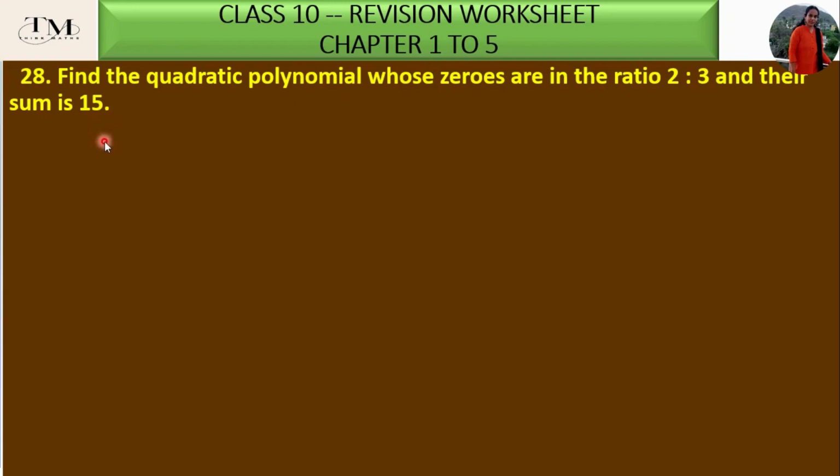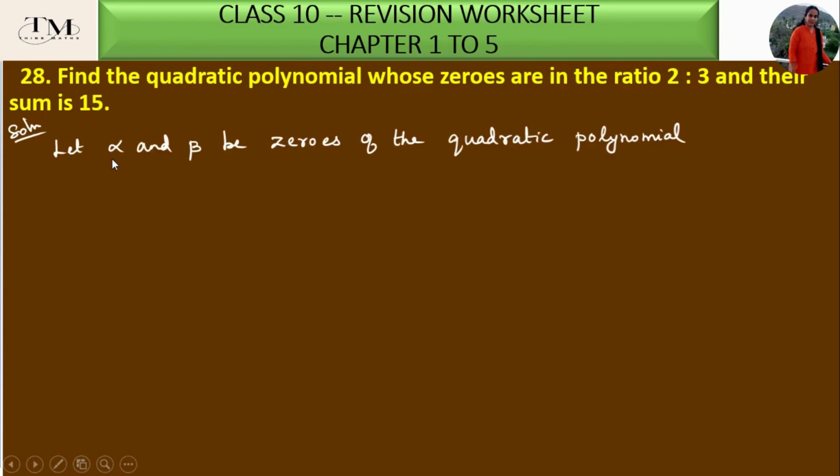Okay, children. So first let us assume, let alpha and beta be zeros of the quadratic polynomial. So what is given? Its zeros are in the ratio. Who are the zeros? Alpha and beta. So alpha is to beta equal to 2:3. So this ratio can be written as alpha by beta, then it will be 2/3.